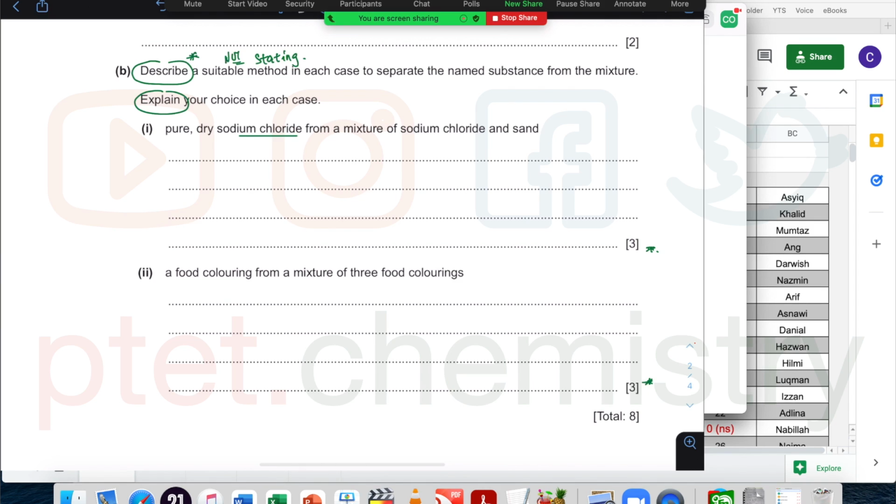Sodium chloride is your table salt. It is soluble in water, in your distilled water. Sand is SiO2, your white sand. SiO2, as you imagine, is silicon bonded to 4 oxygens, a giant molecular structure, insoluble in water.